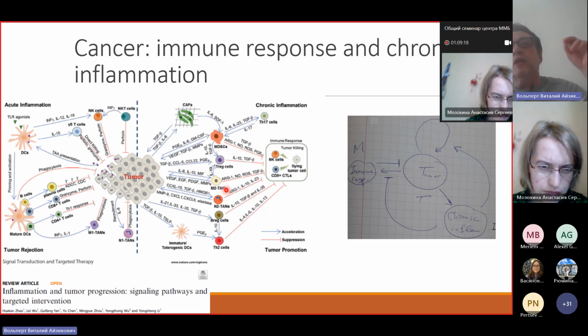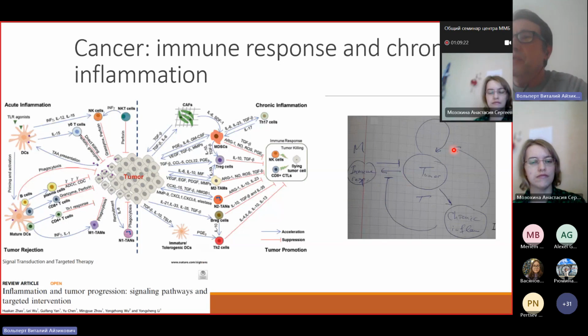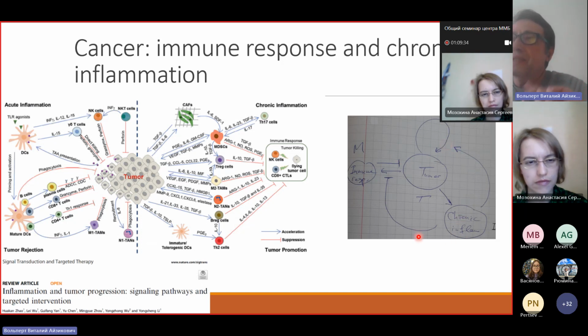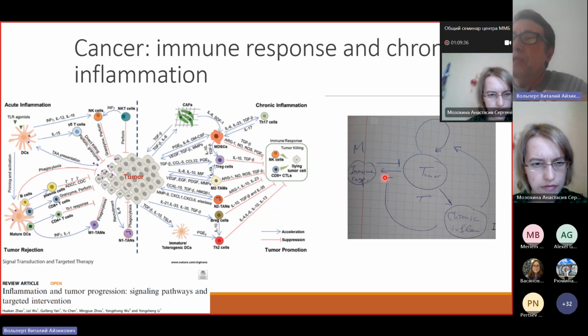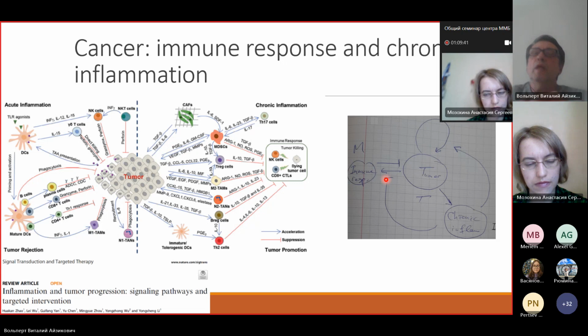Chronic inflammation tries to down-regulate this immune response. This is shown here in the scheme, which I drew myself. There is a tumor, there is an immune response trying to eliminate it, but then chronic inflammation promotes, first of all, tumor growth, and on the other hand, it down-regulates the immune response. So you see how it works.